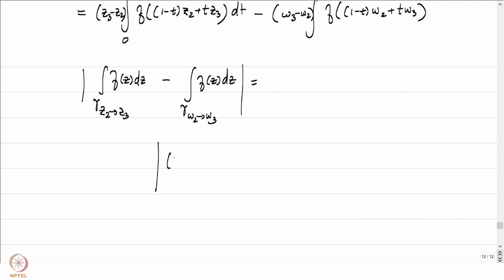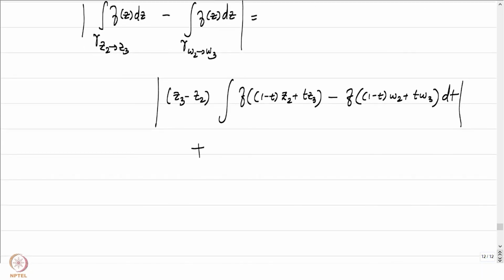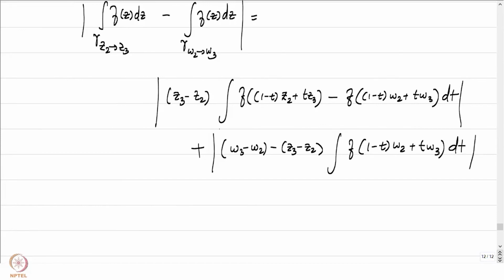I will just skip a step, write z3 minus z2 times the integral of f of 1 minus t times z2 plus t times z3 minus f of 1 minus t times w2 plus t times w3 dt, and then I will just add and subtract z3 minus z2 times that, and hence we will be getting w3 minus w2 minus z3 minus z2, this absolute value times the integral f of 1 minus t times w2 plus t times w3 dt. This is precisely what we will be able to write this integral as.